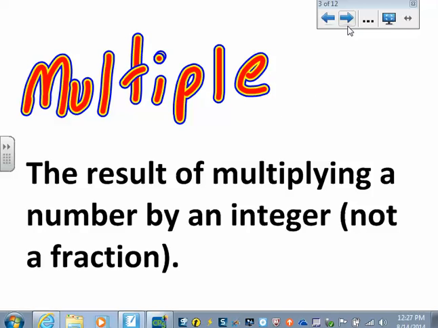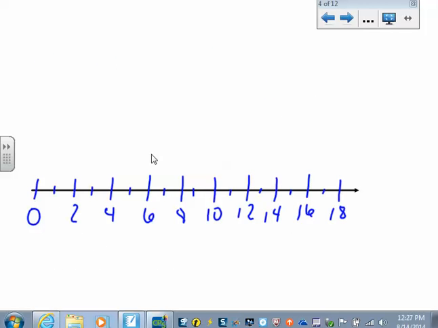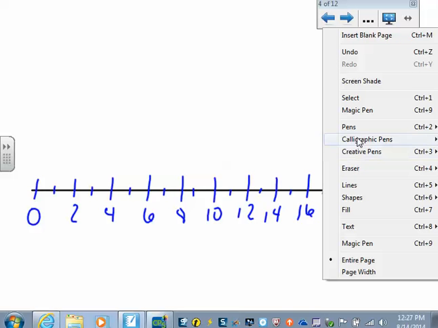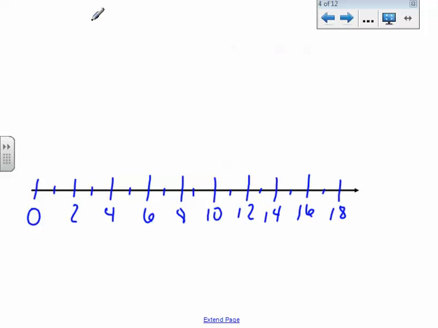So looking at that as an example, let's say that I wanted to find the multiples of 3. Well, on my number line, here's 3.